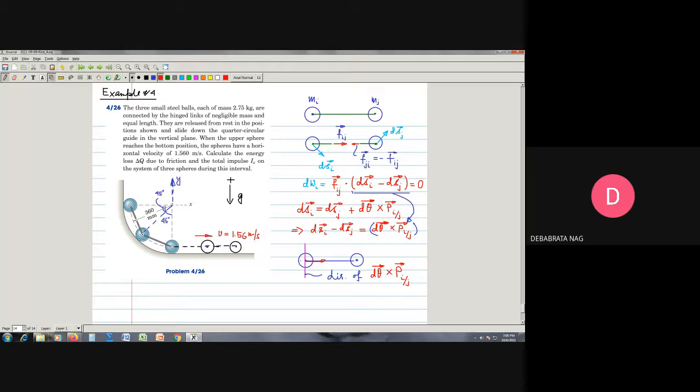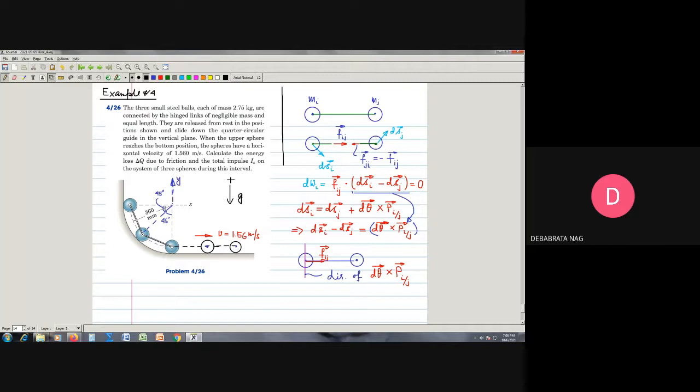So as a result, if we take the dot product of these two vectors, since these two vectors are at 90 degrees, we always find that for a rigid system the total work done by the internal forces is equal to 0. So that we can verify sidewise.